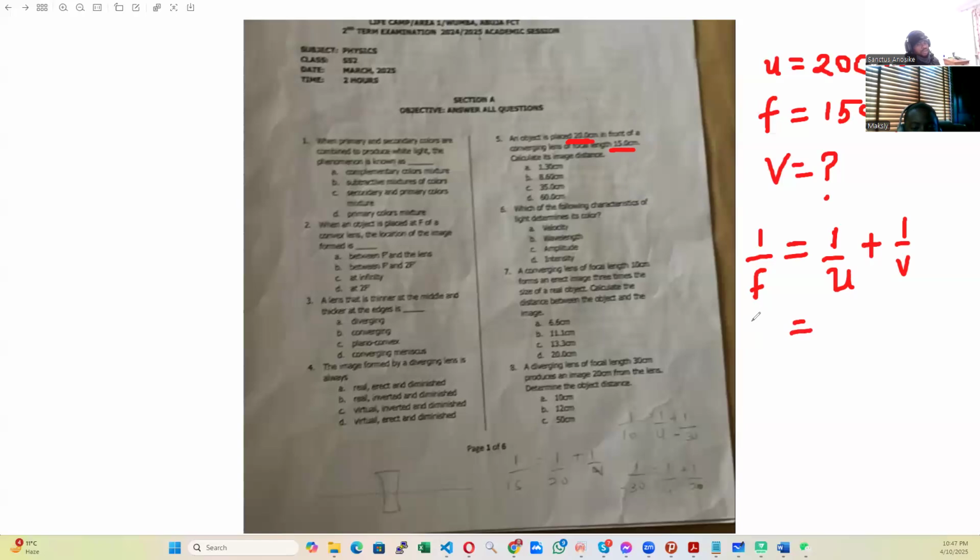Then we have the 1 over f, which is 1 over 15, equal to 1 over 20 plus 1 over v. So we make 1 over v subject of the formula. We have 1 over 15 minus 1 over 20.